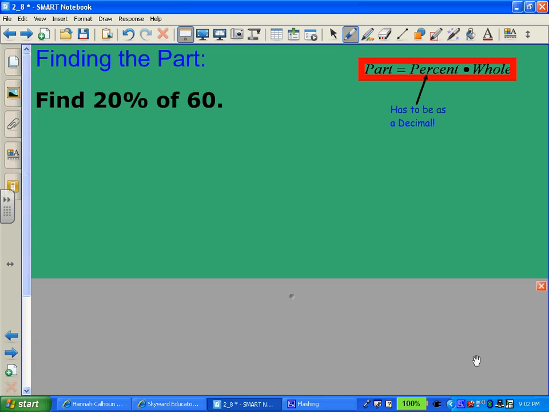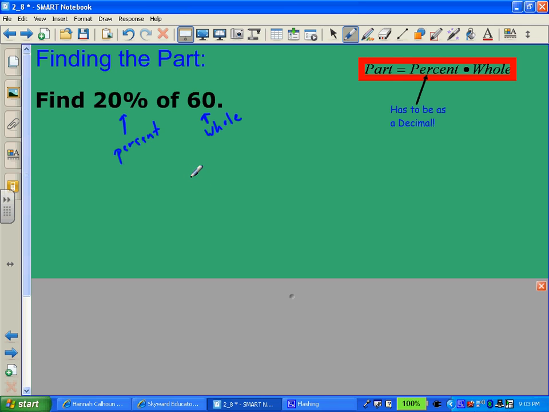It'll say find 20% of 60. Now, the thing that comes after of is always the whole. And then the percent is easy to find because it typically has a percent sign after it. So I'm just going to take these numbers and plug them into my equation.